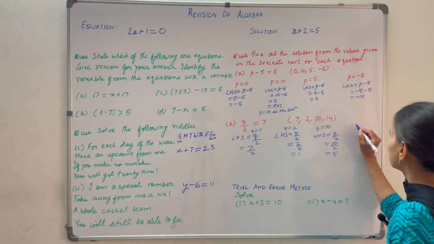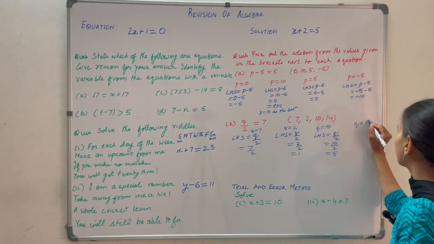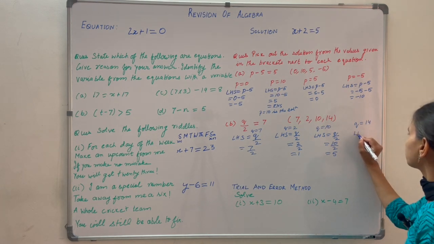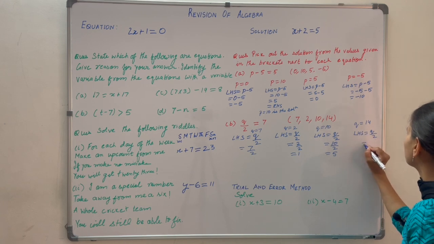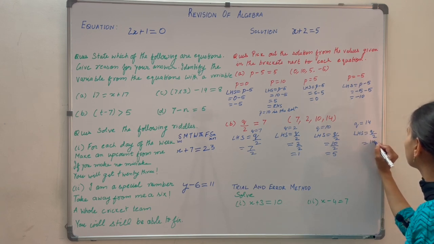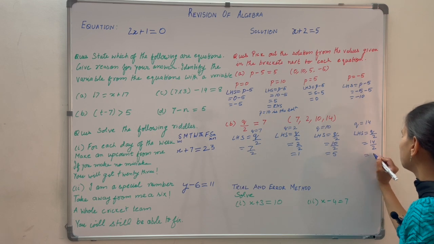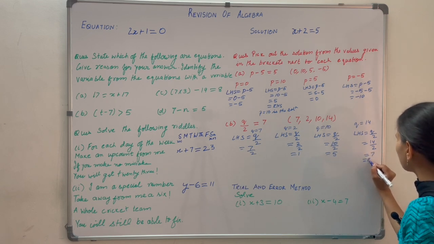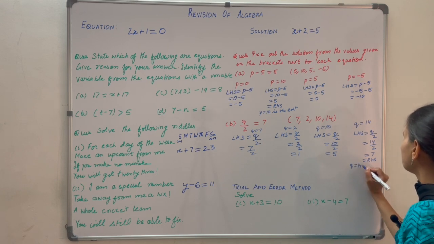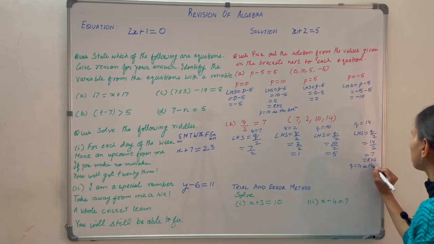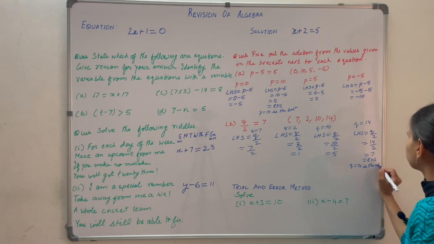Now you have to put q equals 14. On the left hand side, you have got q by 2. So q is 14 upon 2, that is equal to 7. So this is equal to the right hand side. So q equals 14 is the solution of the equation.